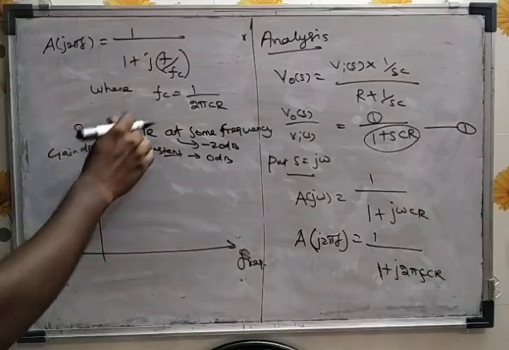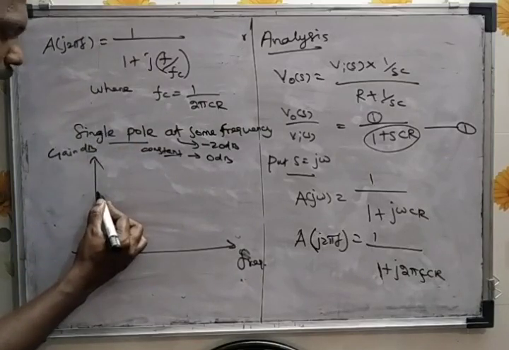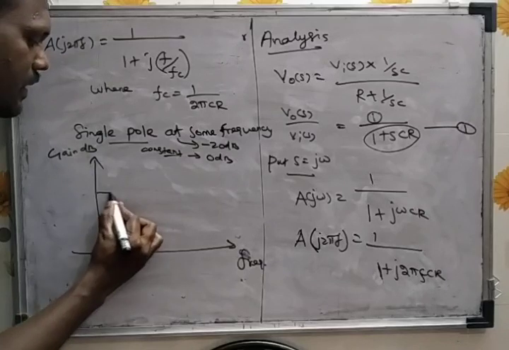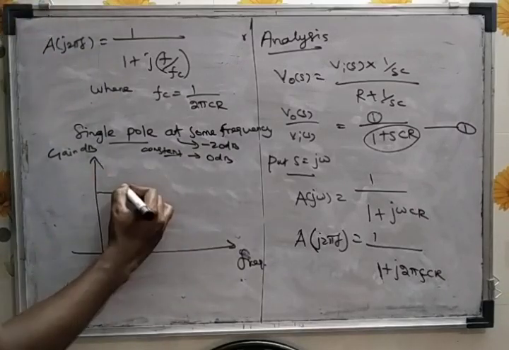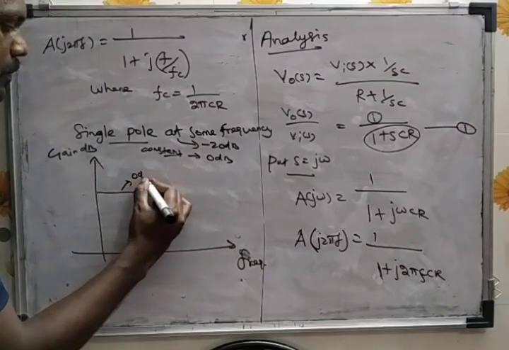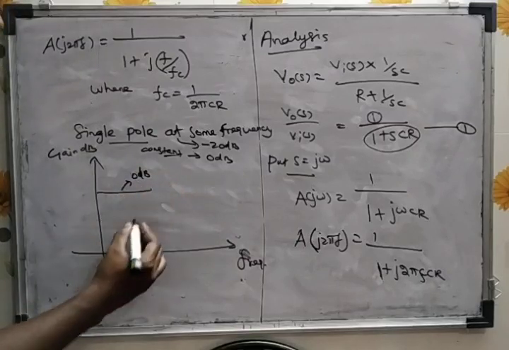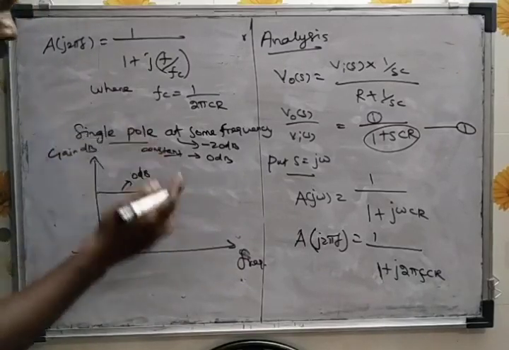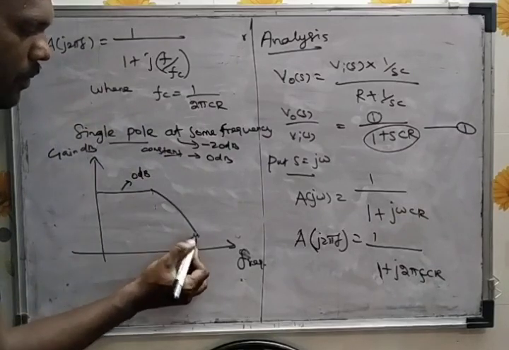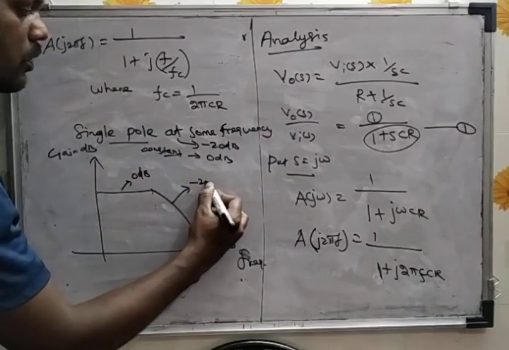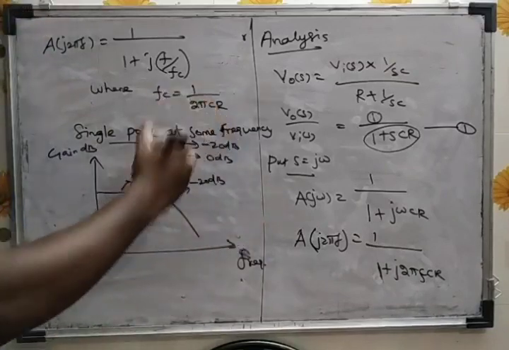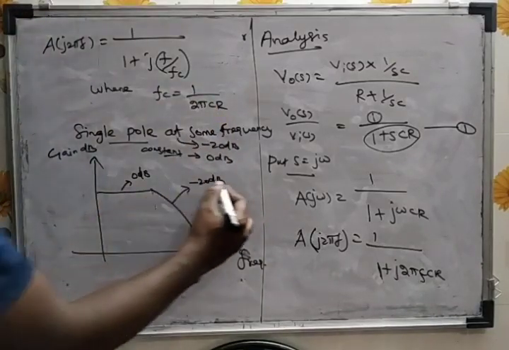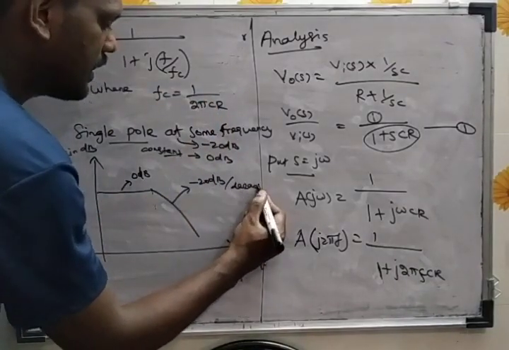So your frequency response will have a constant 0 dB slope, and at a particular frequency you have a pole, so it contributes minus 20 dB per decade.